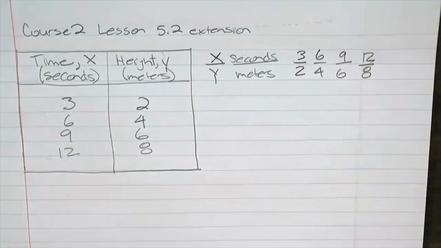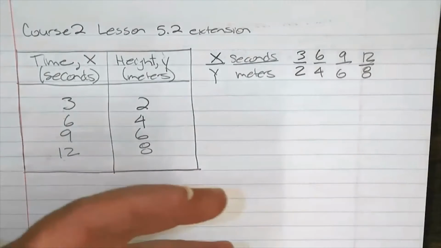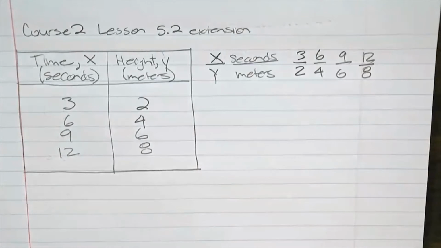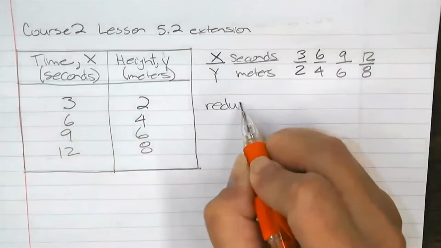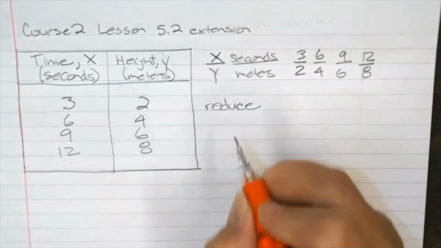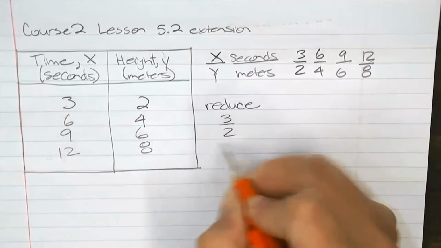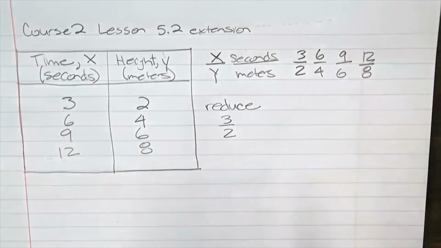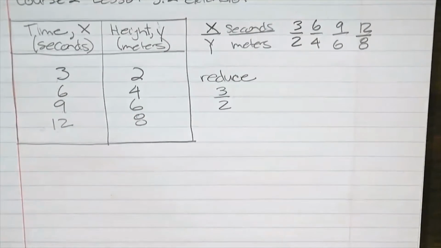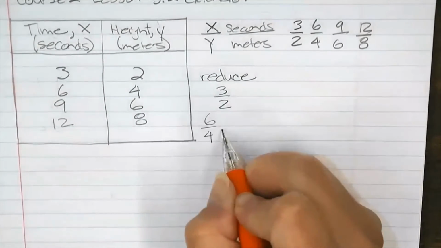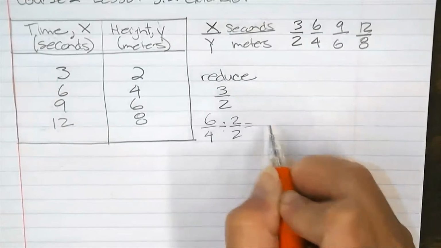And we want to know, is X proportional to Y? Is the seconds proportional to the meters? Is this a proportional relationship? Are they equivalent fractions? So yesterday we learned we can reduce the fractions. 3 over 2 is already in simplest form. 6 over 4 can be reduced.